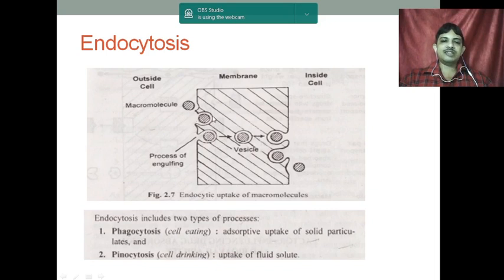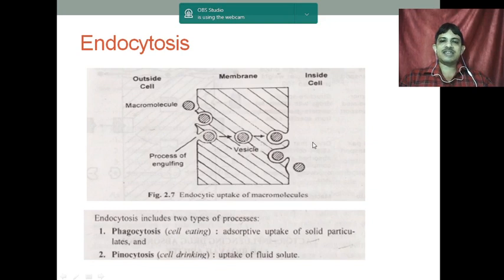After engulfing, the molecule is inside a vesicle, crosses the membrane, and inside the cell it is released. By this way the drug or molecule is transported through the membrane.